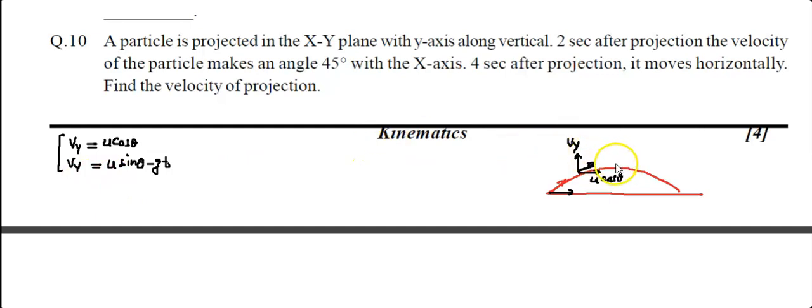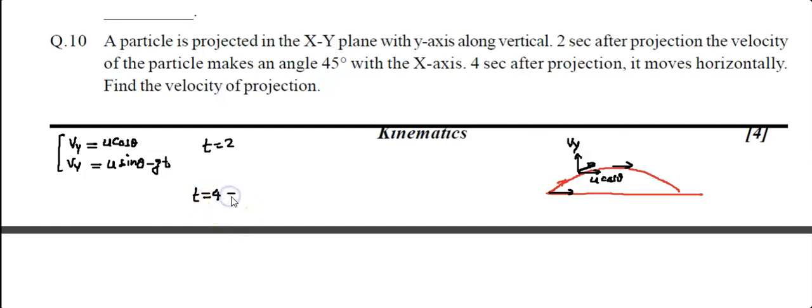Another says after 4 seconds, this is when t is 2 seconds, after 4 seconds it reaches the highest point. So at t equal to 4 seconds, it is at the highest point. That means u cos theta is the total velocity at the topmost point. Or we can say simply that this time we are talking about, 4 seconds, is half of the time of flight.